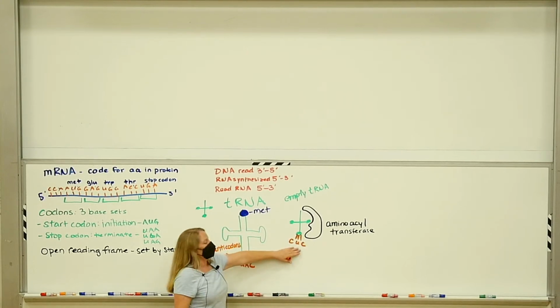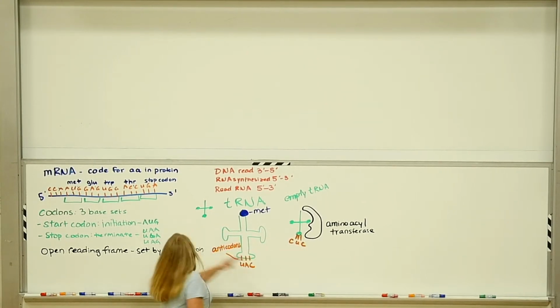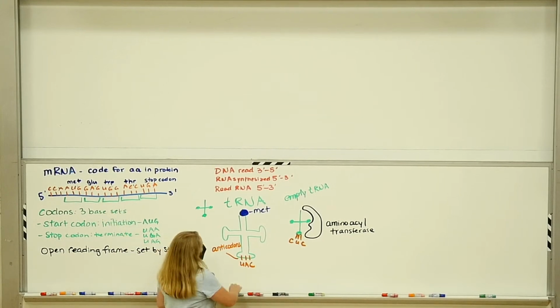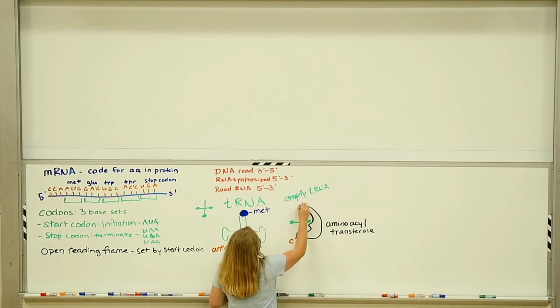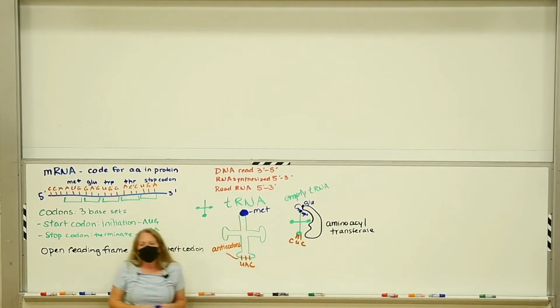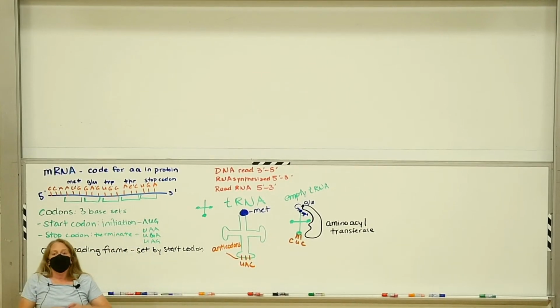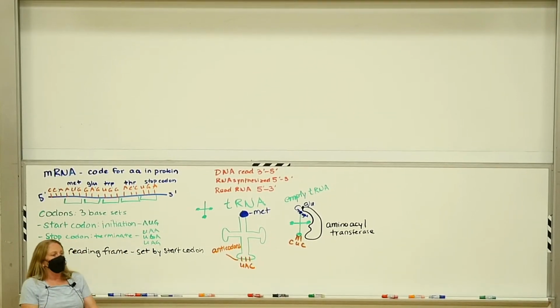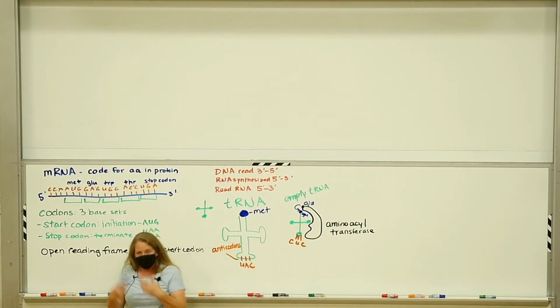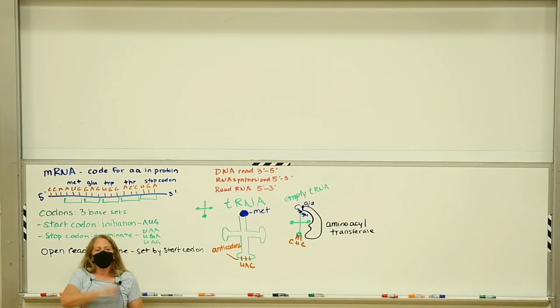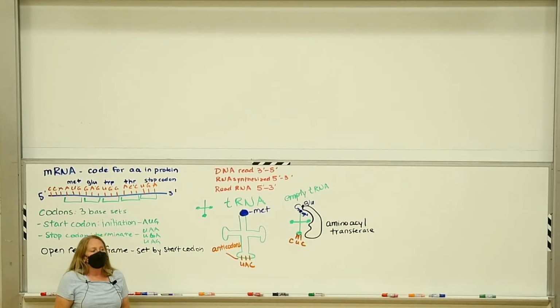Okay, so that's the anticodon for this tRNA. That means that this is going to be carrying a glutamate, or should be carrying a glutamate. So this amino acid transferase is going to be transferring this glutamate onto the tRNA. Now the tRNA can shuttle that back to the ribosome, drop it off, and it'll just go back into the cytoplasm, find another amino acid transferase, pick up another amino acid, and just keep going through that cycle. Okay.